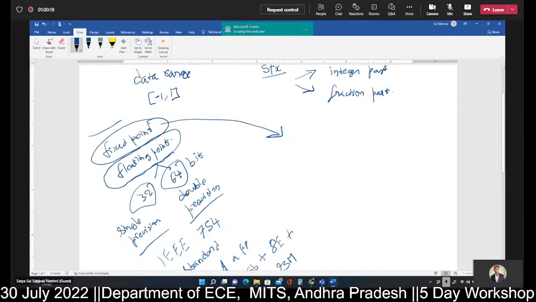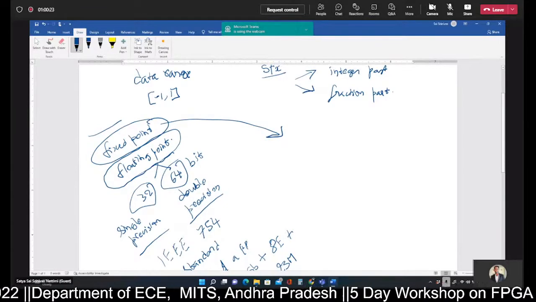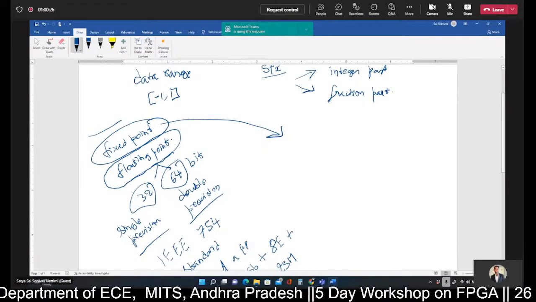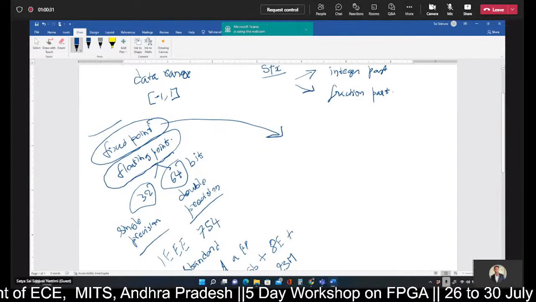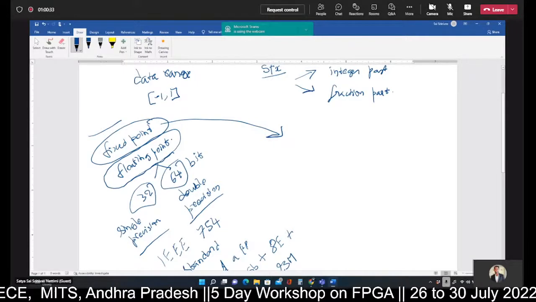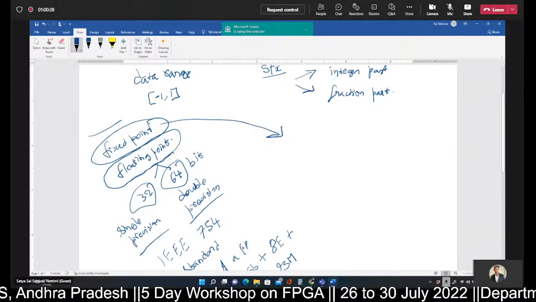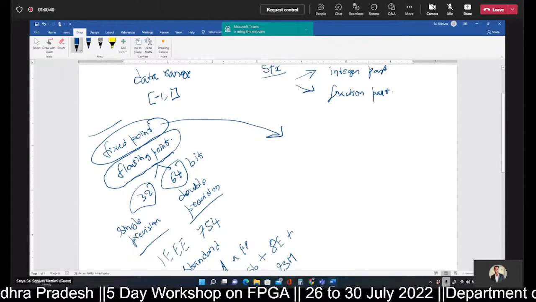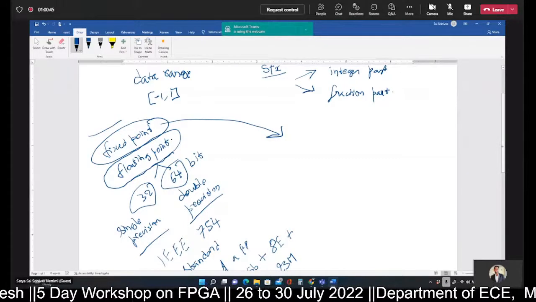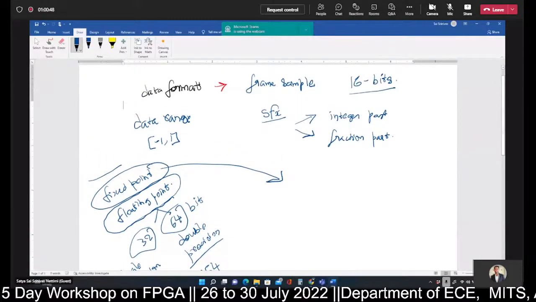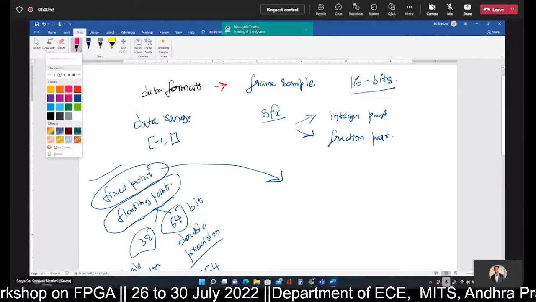Depending upon the representation of the numbers, the fixation of the decimal point will keep varying. So whenever you are performing any arithmetic, you need to always know where the point is, and accordingly develop your architectures. I don't want to confuse you further. While we are implementing the designs, you will come to know what it actually looks like.